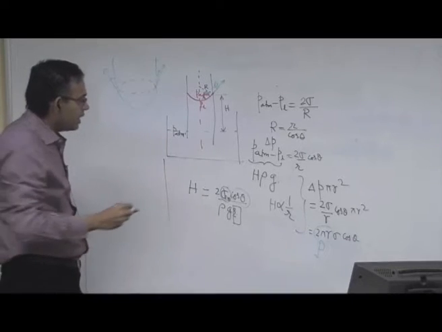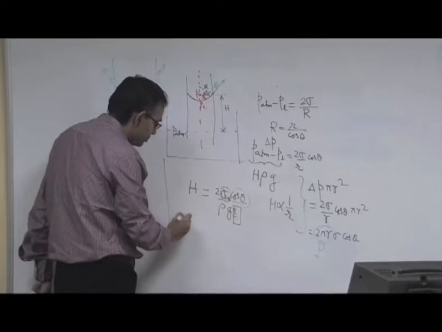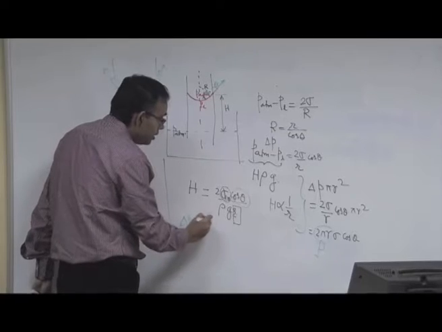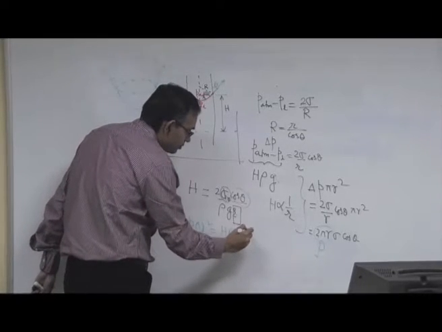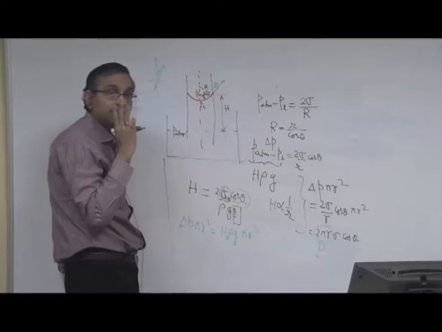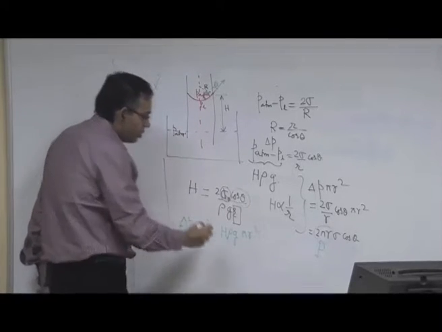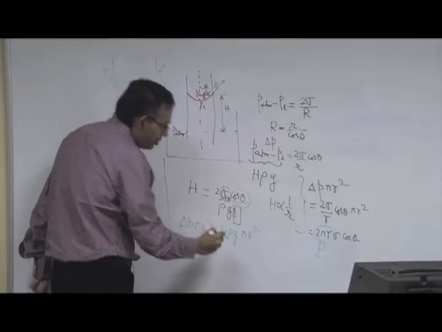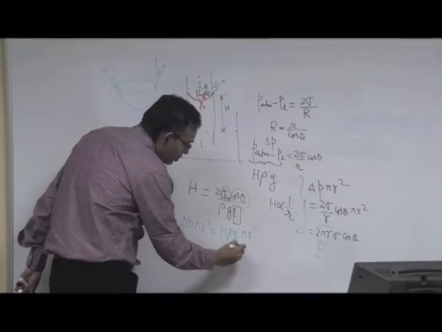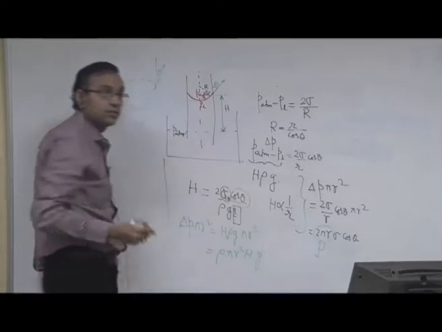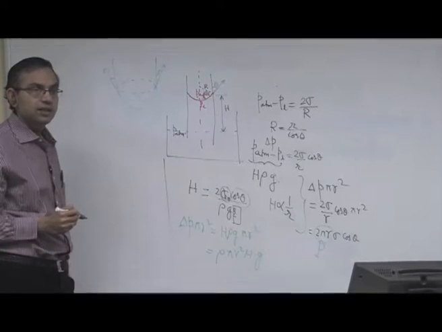Now, what is delta P into pi r square? It is equal to H rho g pi r square, right? So, you can write that as rho into pi r square H into g. What is this?